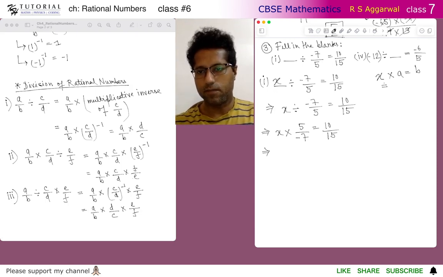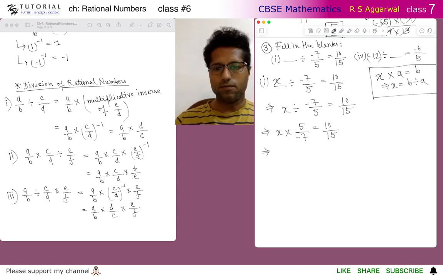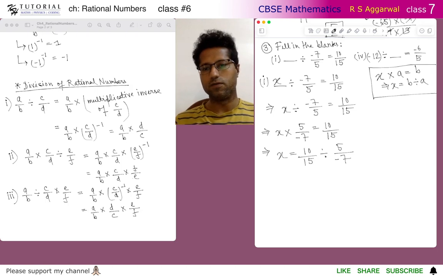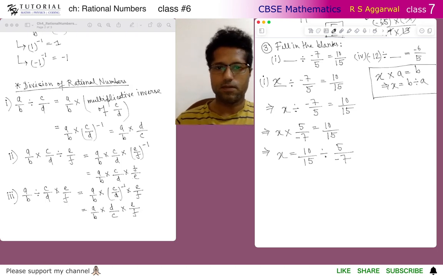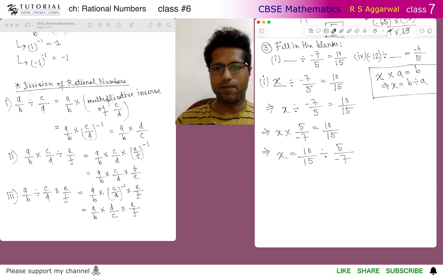From here you know that x is b divided by a. This we know. So in this problem x becomes 10 by 15 divided by 5 by 7. So this we now have to solve. This value will be the value of x, that is, this value needs to be filled in the blank.